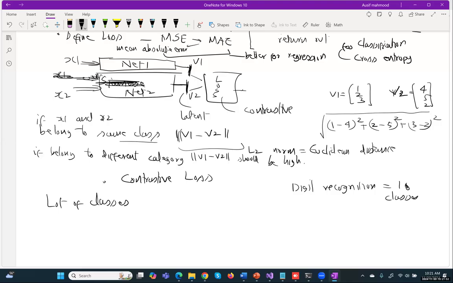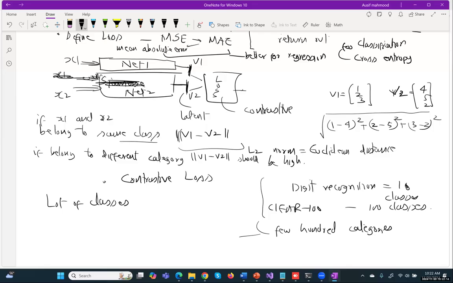Similarly, with datasets like CIFAR-100, where we have 100 categories, 100 classes, these are problems where we have a few hundred categories or less to categorize.